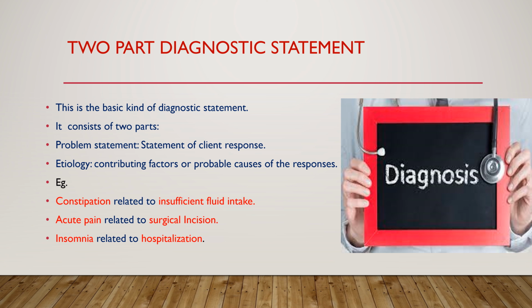Another example is insomnia related to hospitalization. Insomnia is the diagnostic label or the problem statement, and hospitalization will be the contributing factor or the cause, or you can say the etiology. Such a diagnostic statement where we use the problem statement as well as etiology is called a two part diagnostic statement.